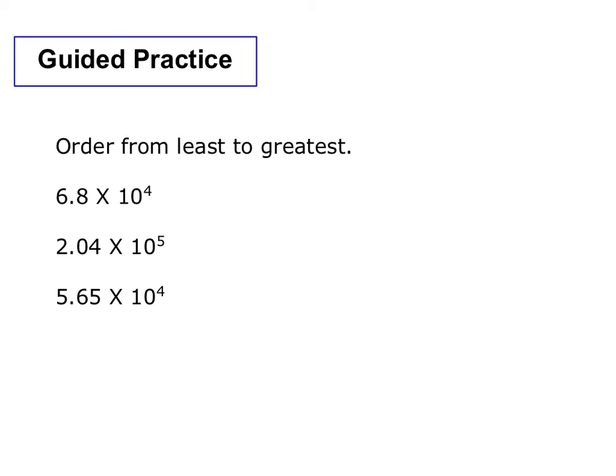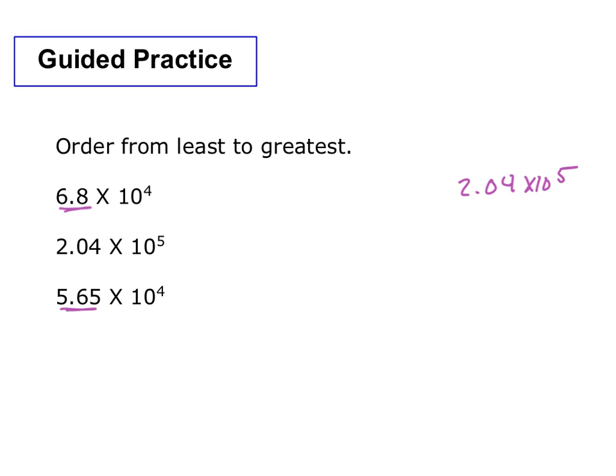All right, let's look at an example of ordering these three numbers from least to greatest. The first thing I do is compare my powers of 10. This one, 10 to the power of 5, is the largest because it has the greatest power of 10. So I'm going to put 2.04 times 10 to the power of 5 over here because that's the largest. Now the other two have the same power of 10. So that means I need to focus on just the factors.